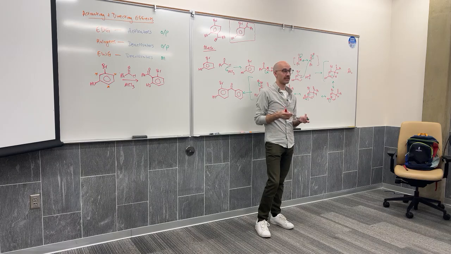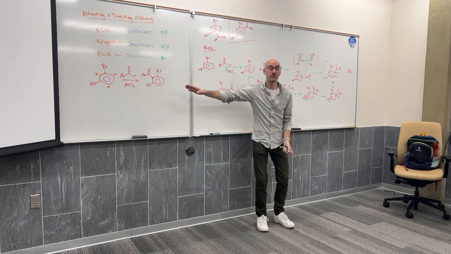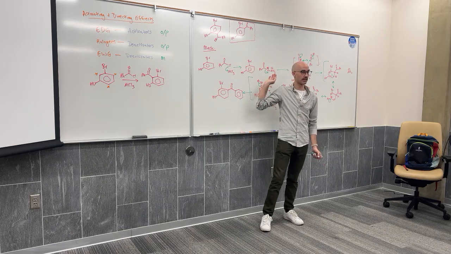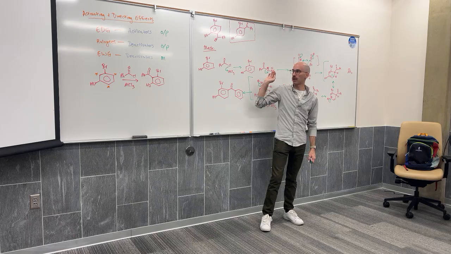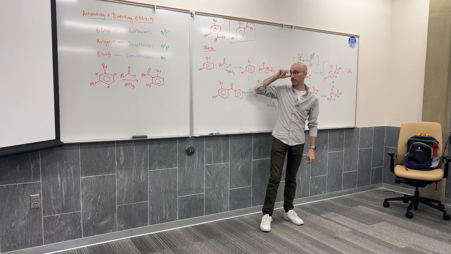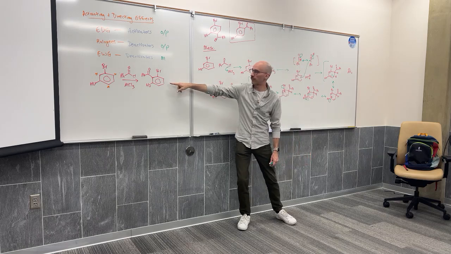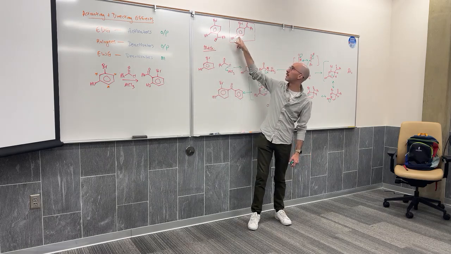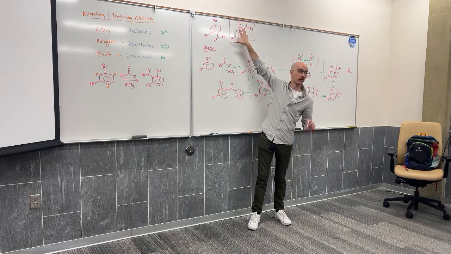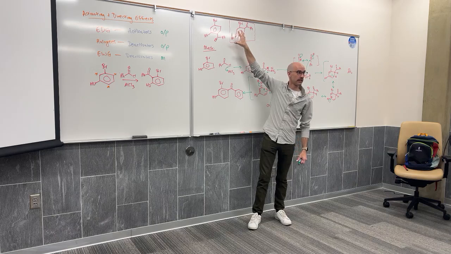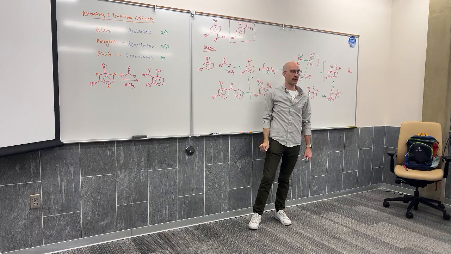Now, if you're doing a multi-step synthesis, like if this was just one part in your process, how would you know what to do? What if I could form this and this and this, but I only needed this one for my multi-step synthesis? I encourage you guys to just show that one.